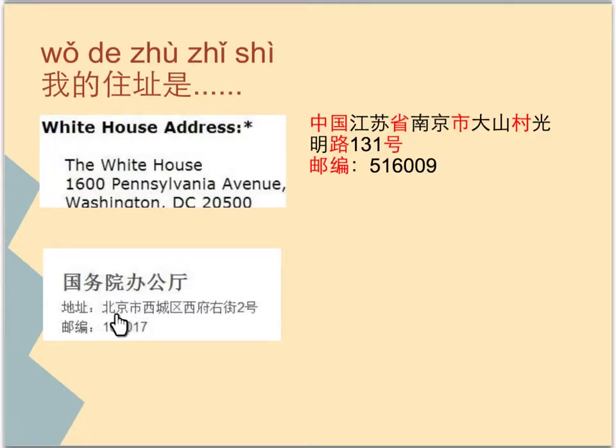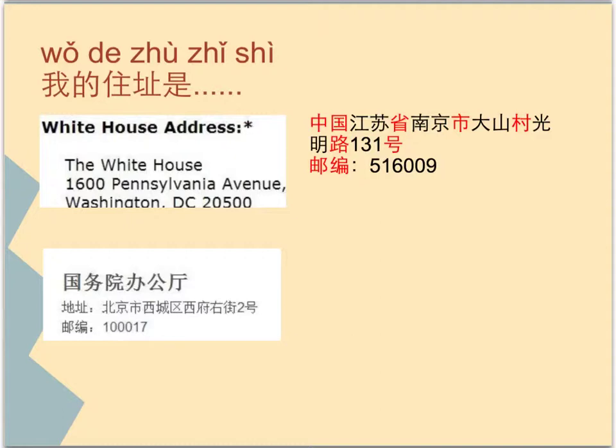So here is 北京市. And then the next is the district. So here's 西城区. And the following is the road or street or avenue. So here's 街, 西府右街. And then the number, 2号. The last is the postcode, 邮编, 10017.